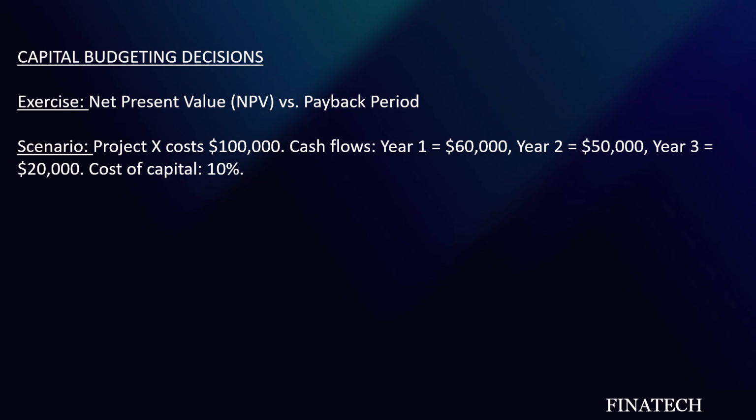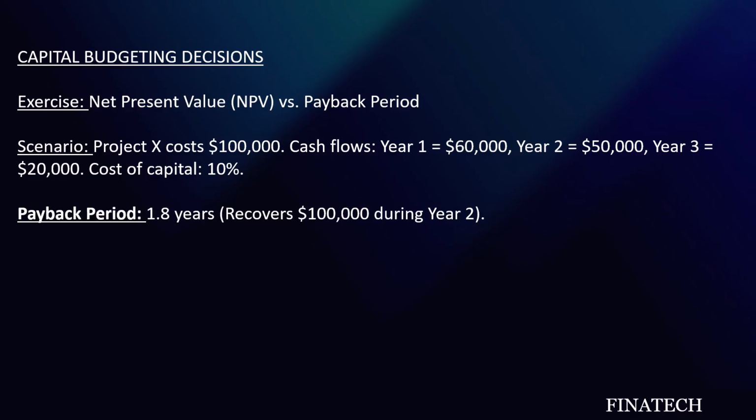The cash flow in the first year is $60,000. In the second year, $50,000. And the third year is $20,000. Cost of capital is 10%.